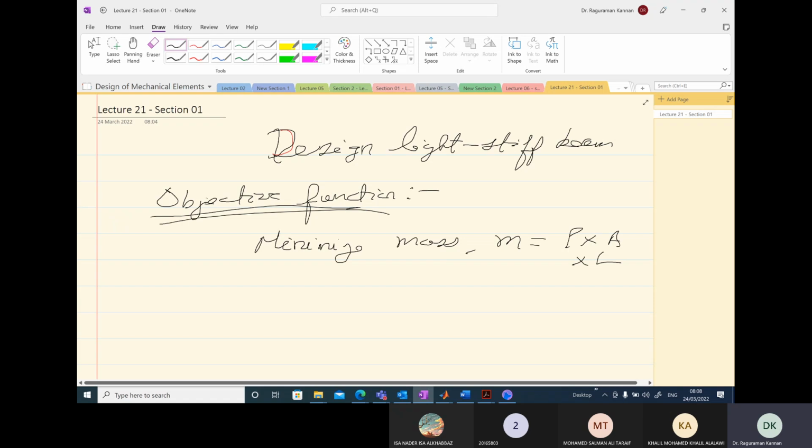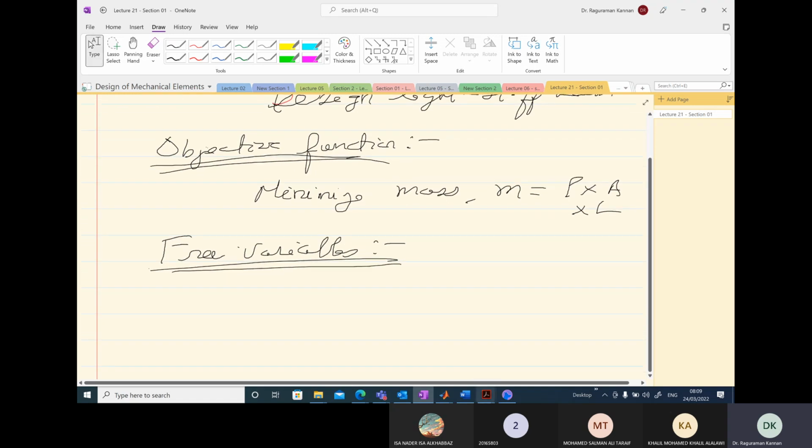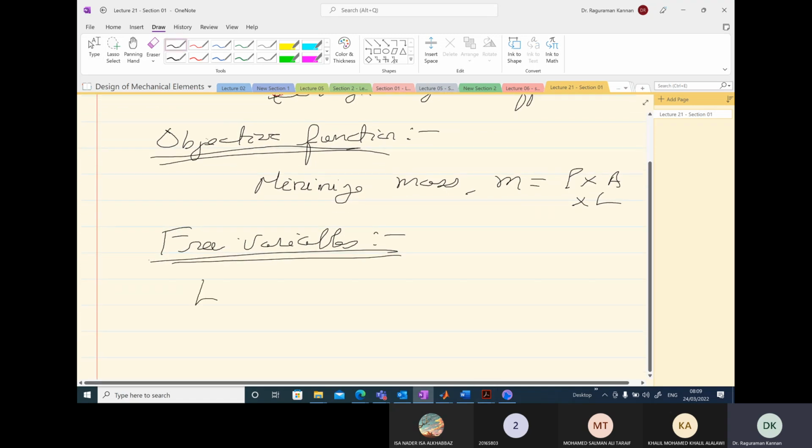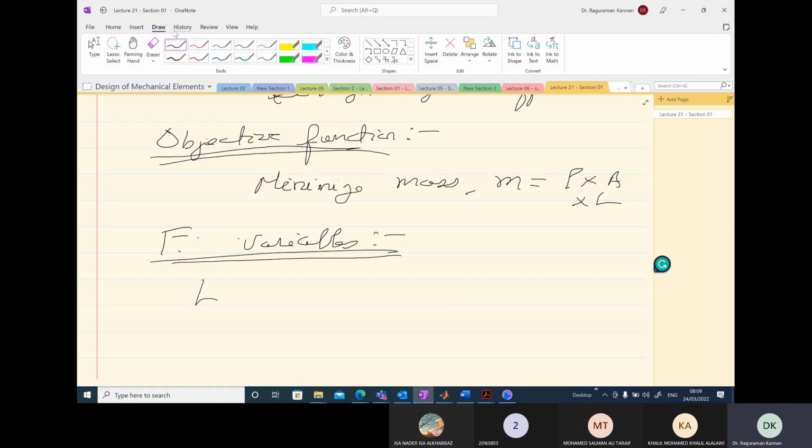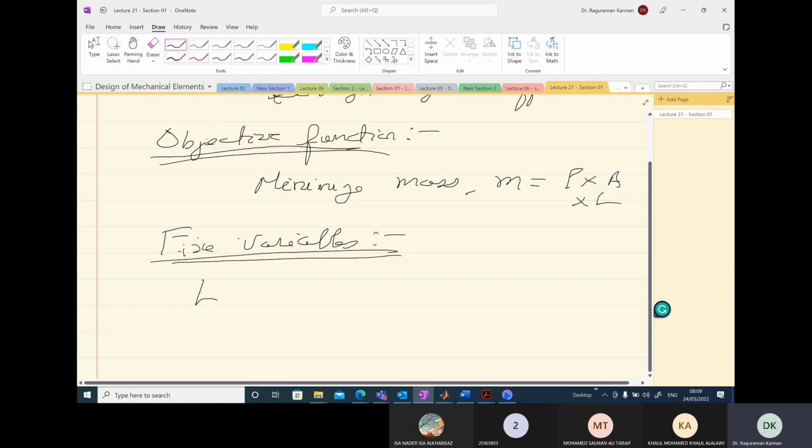The second step is to identify fixed variables. In the case of a beam, usually the span or the length of the beam is fixed. Okay, L is fixed. So naturally the other variables will be free. Okay, so length is fixed. What else is fixed?